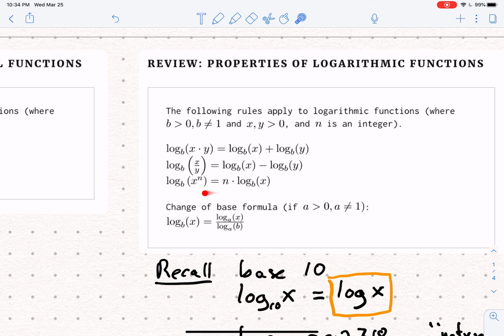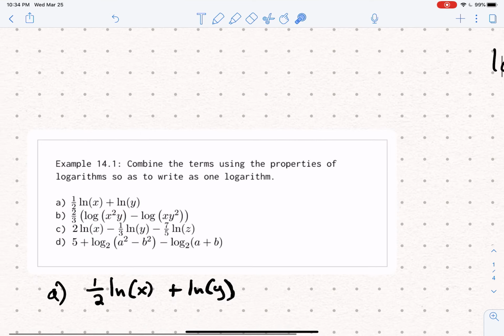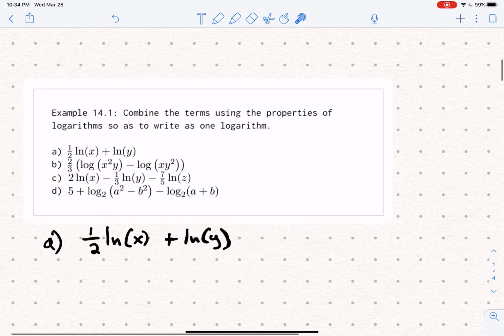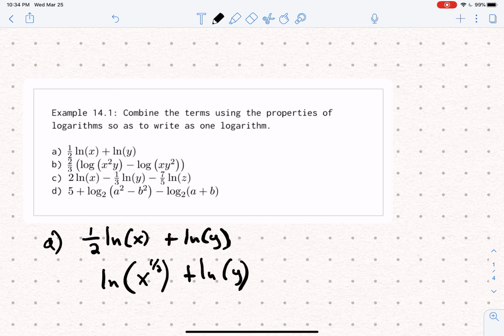And I'm going to use the rule down here, which says if you have a number in front of a log, you're allowed to move that number in and put it as an exponent in the log. And so this 1/2 in the front of my log is going to move in and become a power on the x. So this is the natural log of x to the power 1/2 plus the natural log of y.